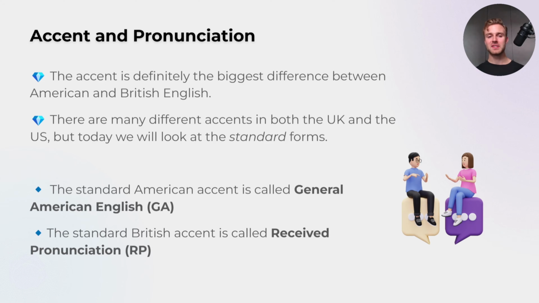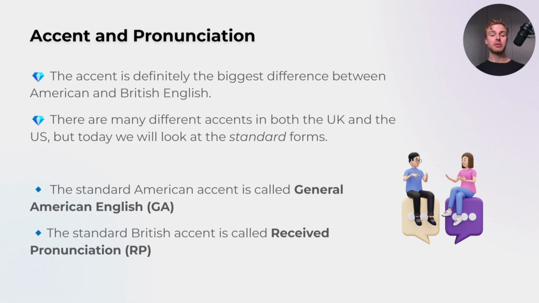But in today's lesson, we're going to focus on the standard forms. This doesn't mean that one accent is better than the other, because that's not true. But since there are so many accents, I want to keep this as simple as possible, and talk to you about the standard accents that you might learn in school.